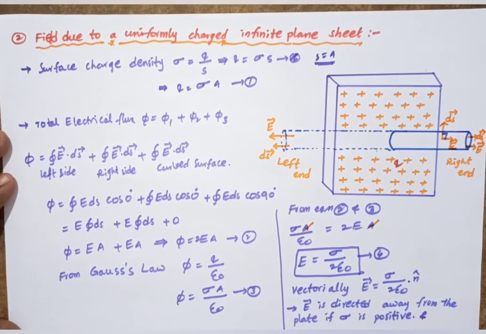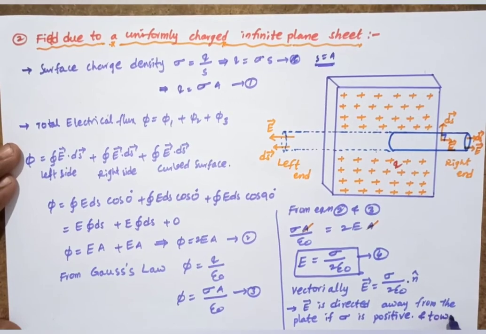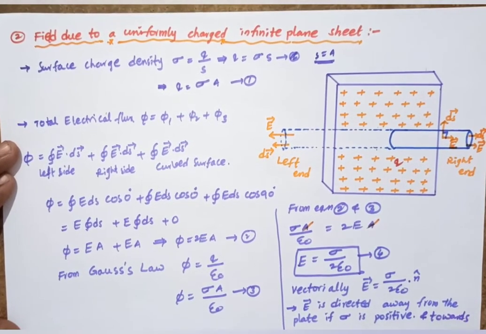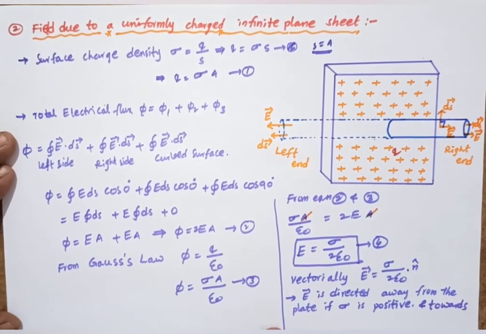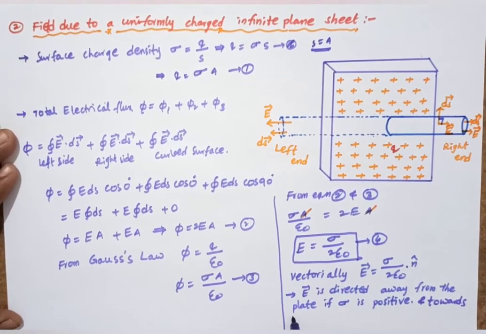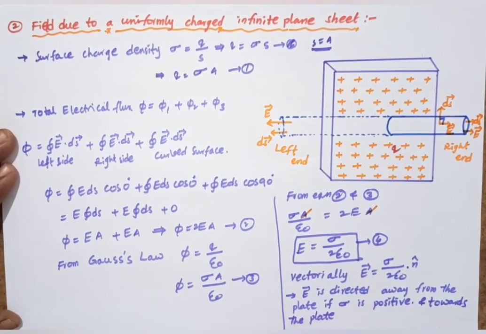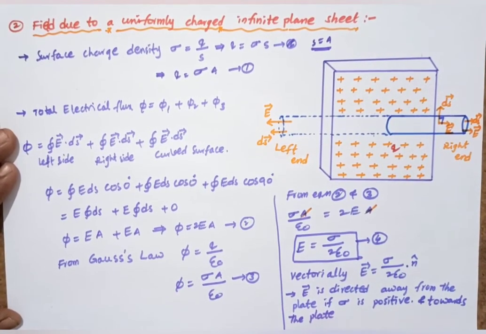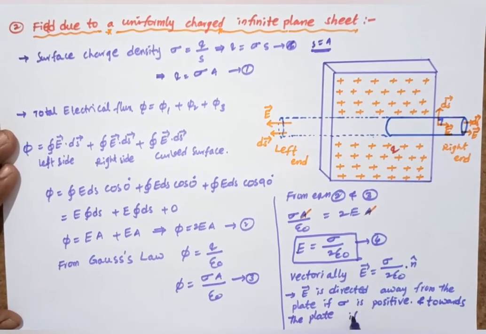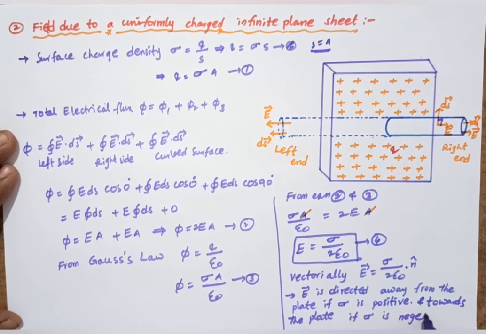And towards the plate if sigma is negative.